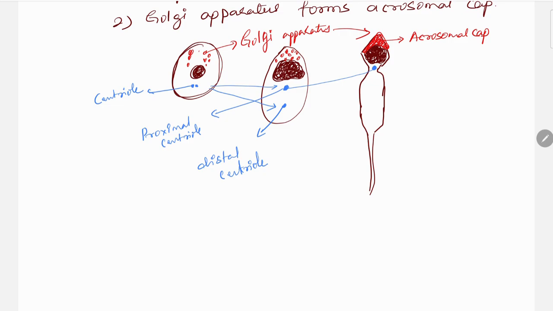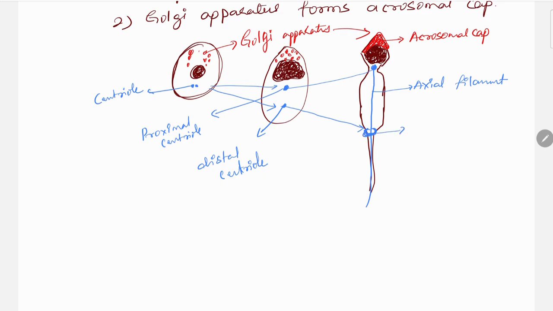Okay, and it starts producing axial filament. We call it an axial filament. Okay, and this distal centriole will come here between the tail and the middle piece and form this ring-like structure.